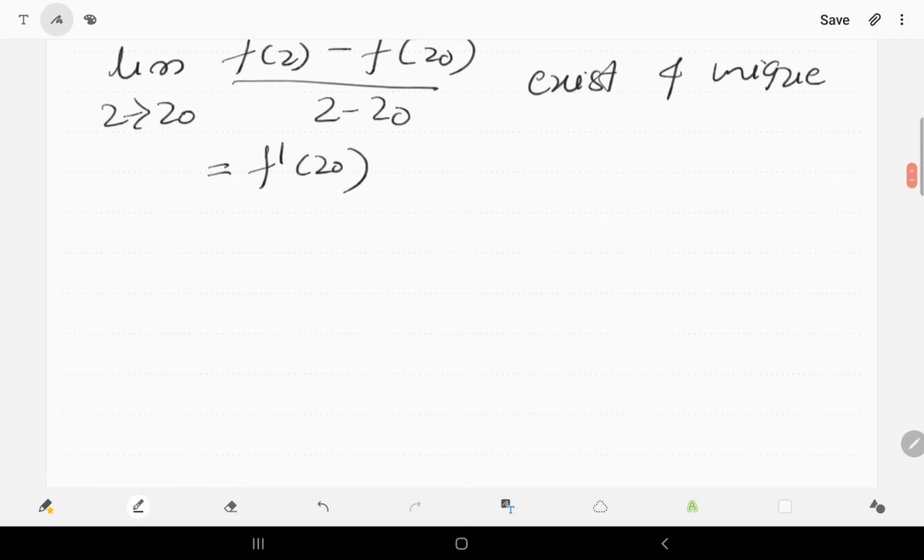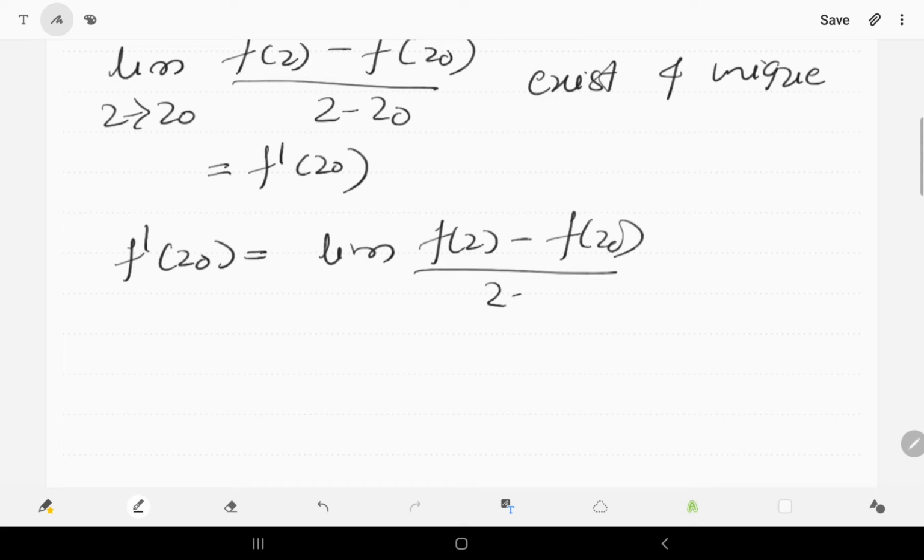That is, f dash z0 is equal to the limit of f of z minus f of z0 divided by z minus z0 as z tends to z0.